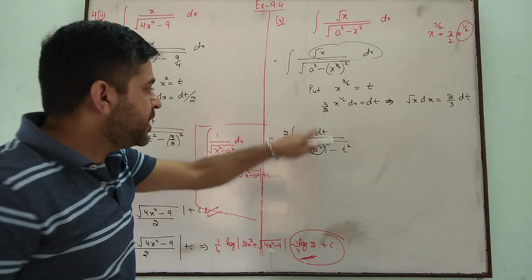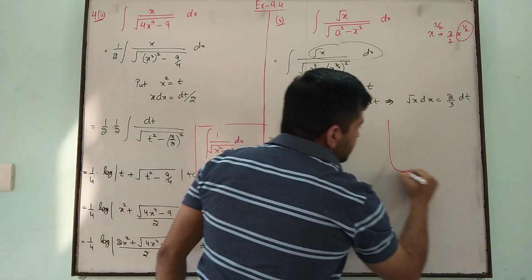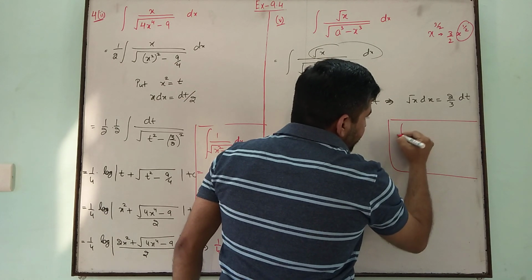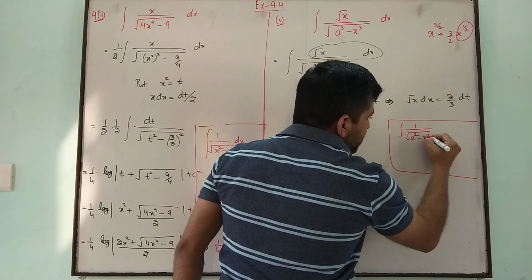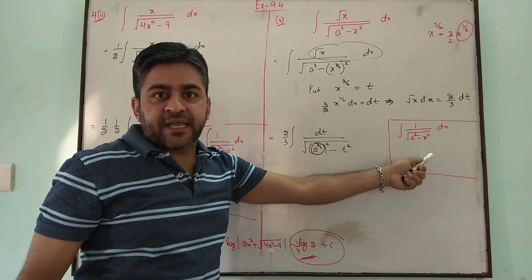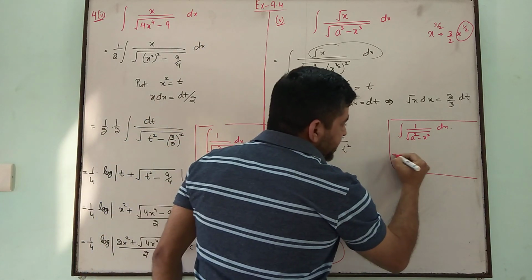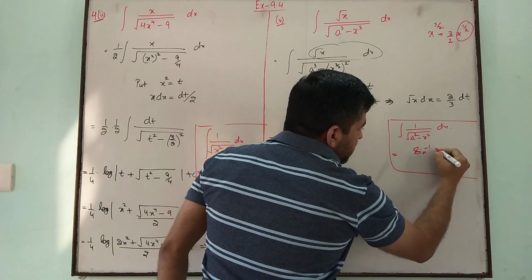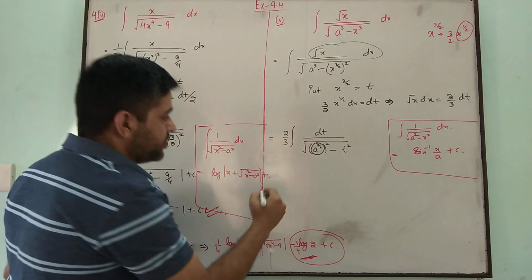So the formula is the integral of 1 upon the square root of a square minus x square. That is, in the under-root category we have the very first formula, in total the fourth formula, that is sine inverse x upon a. We do not have anything else here.